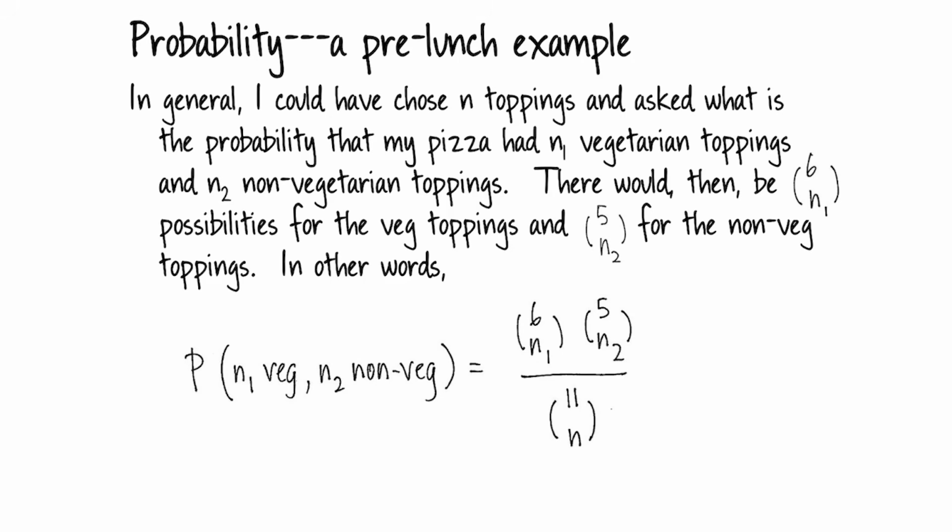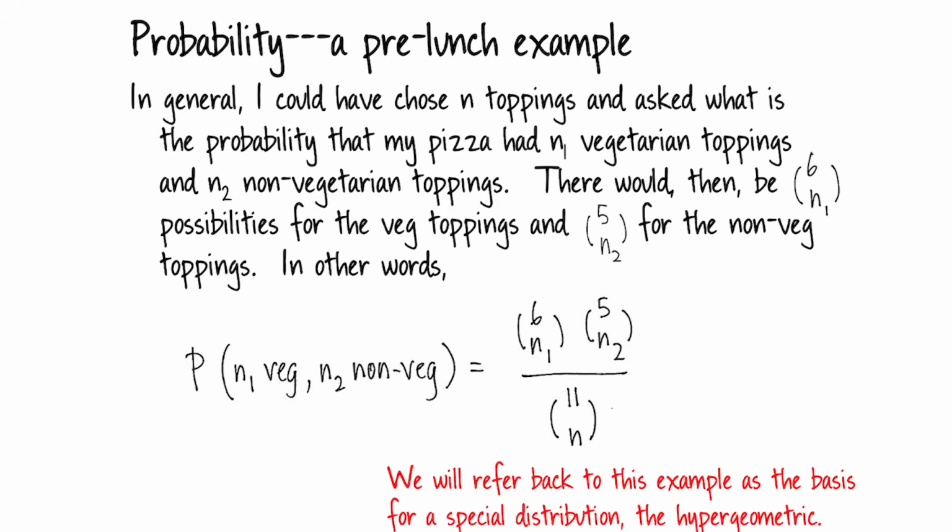And then the denominator is just 11 choose n for the total number, n toppings that we're putting on the pizza. Okay? And I want to note that we're going to refer back to this example as the basis for a special distribution, the hypergeometric distribution. Okay?